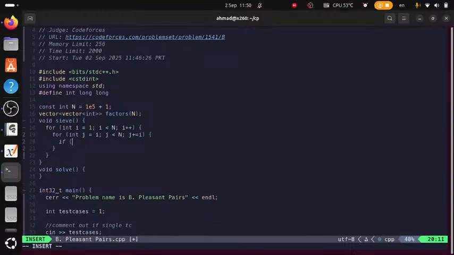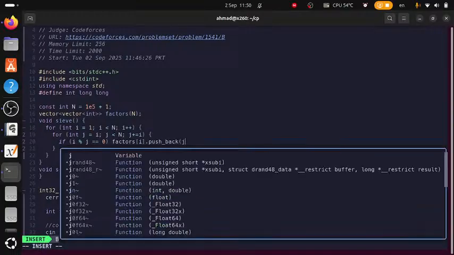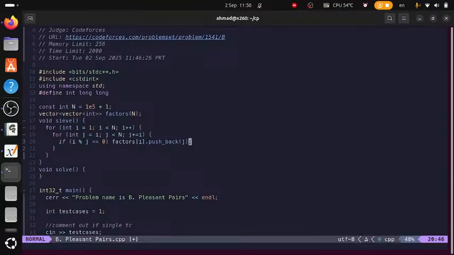If i percentage j equal to 0, then factors of i dot push_back, and push this in there, right?